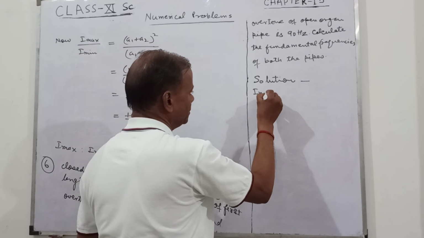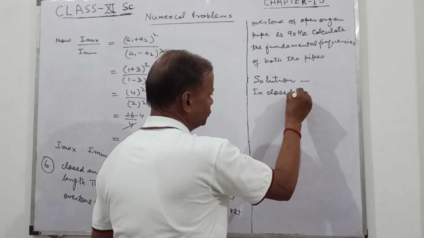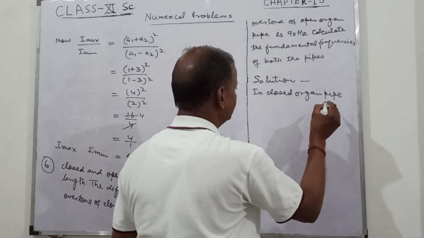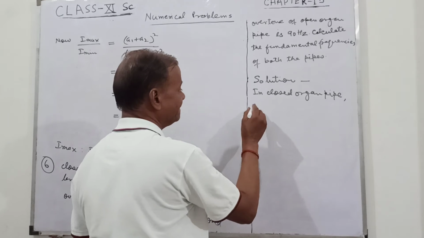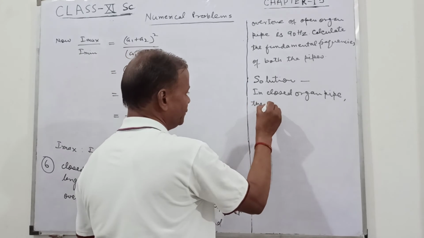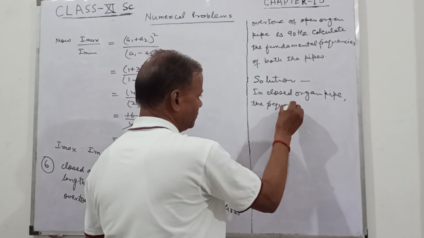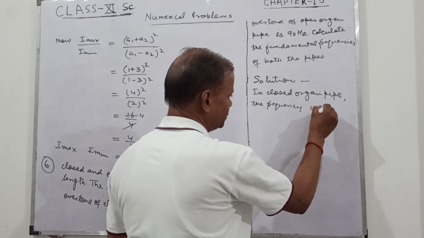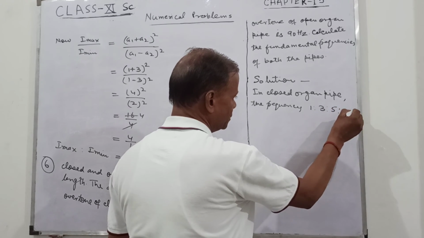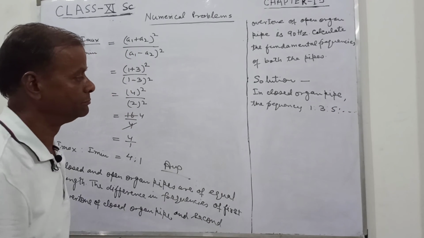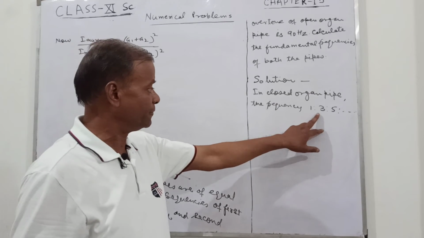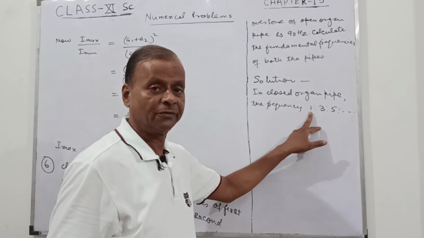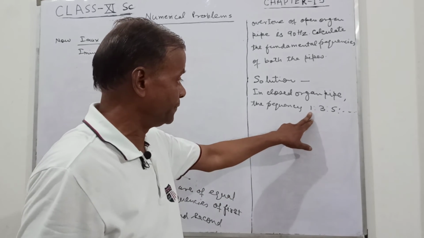In a closed organ pipe, the frequencies are in the ratio 1:3:5 and so on. So the first overtone is 3 times the first harmonic.